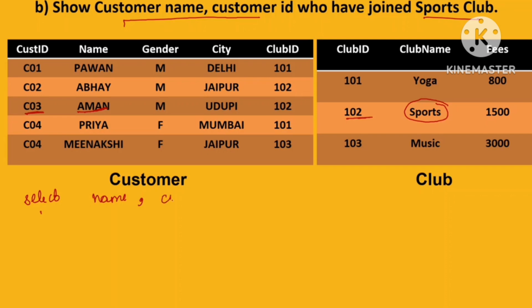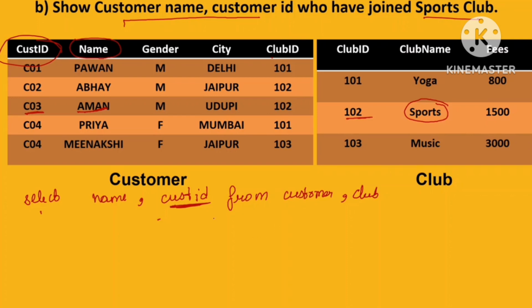from customer, club, where now here two conditions are there: customer dot club ID should be equal to club dot club ID and club name equal to sports. Suppose here if you want to show the club ID, then the column will become ambiguous.